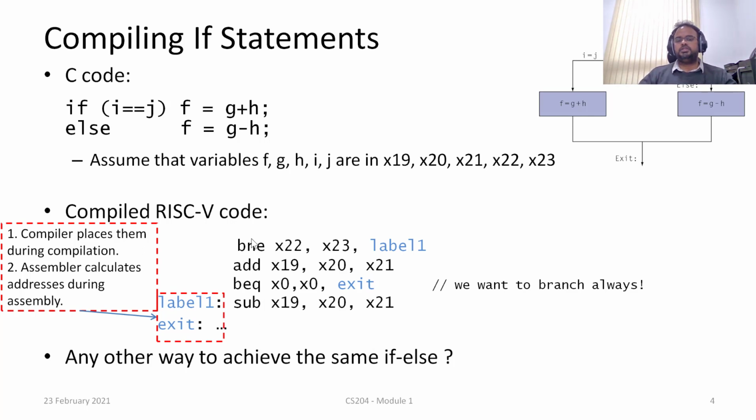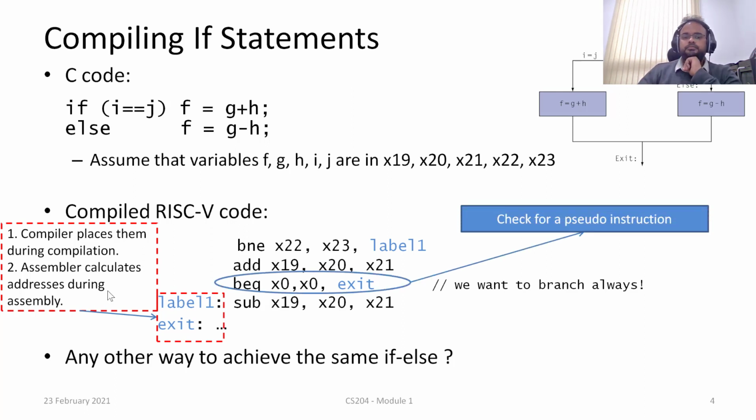Here we have shown a comparison of i not equal to j, but you can do the same thing with i equals j. The code will change a little, so you can take it as a practice and explore. You'll better understand how the control would be moving.